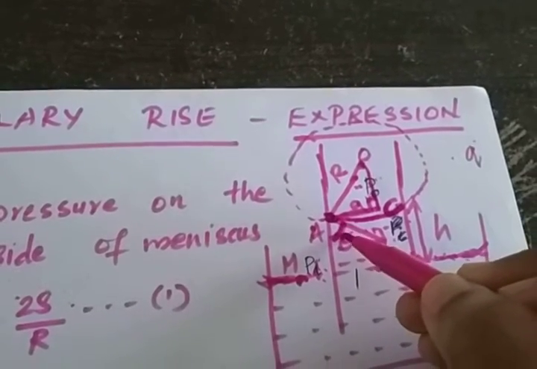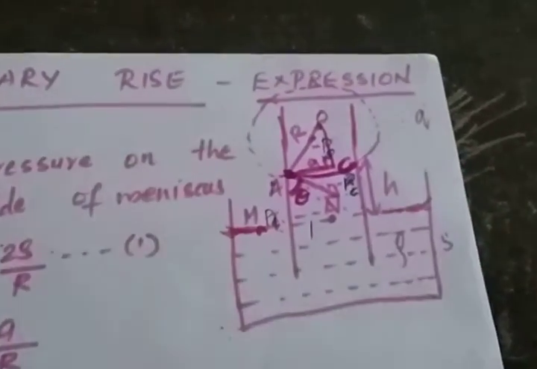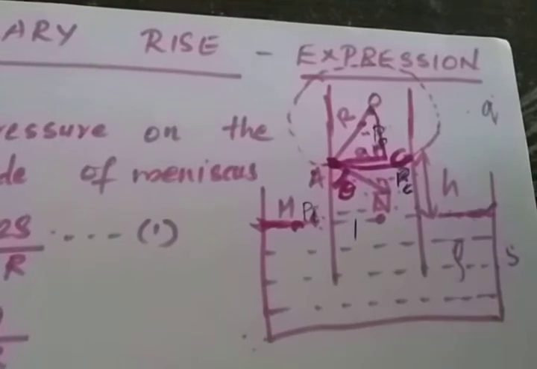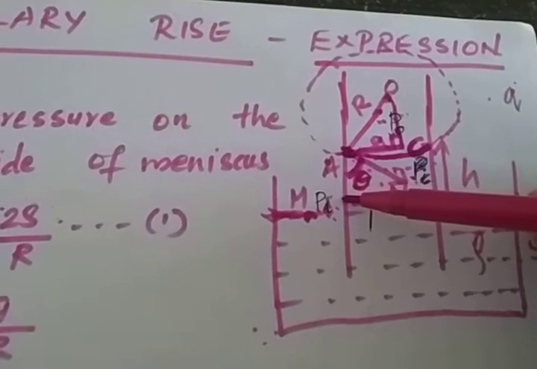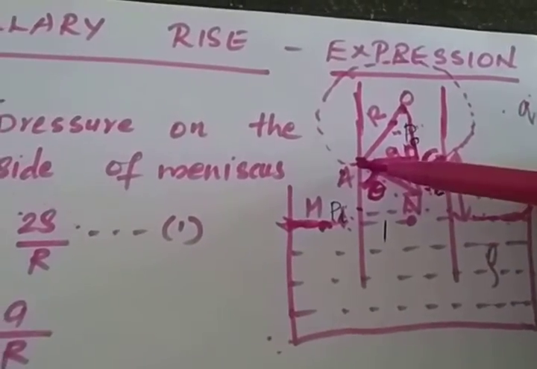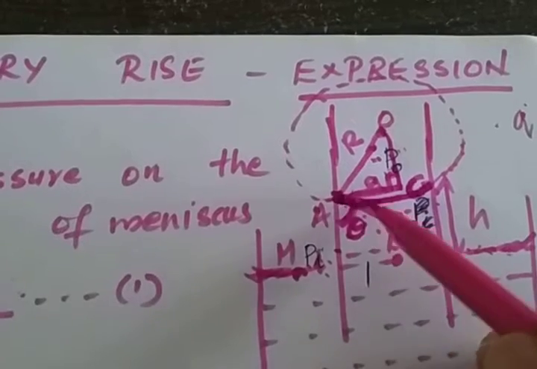Okay, and what is this angle? This angle is theta, and this is our angle of contact. So what is angle of contact? Angle of contact is the angle between the tangent drawn to the liquid at the point of contact and the solid surface. So here this is the tangent, and this meniscus is our liquid.